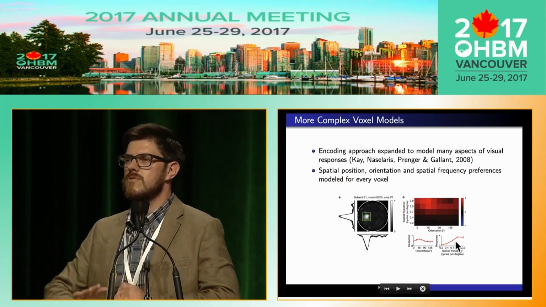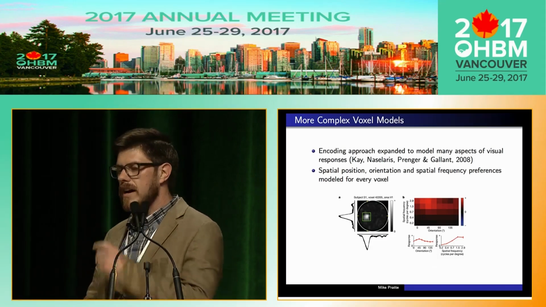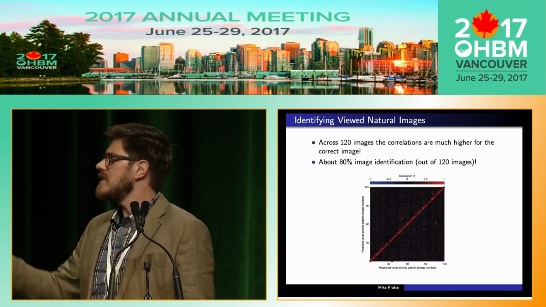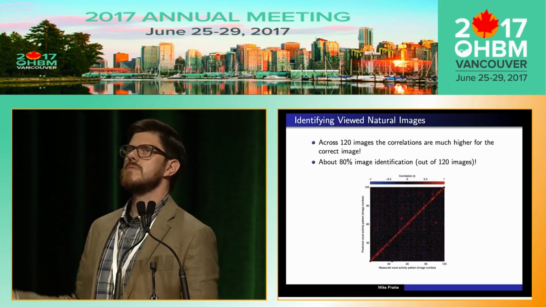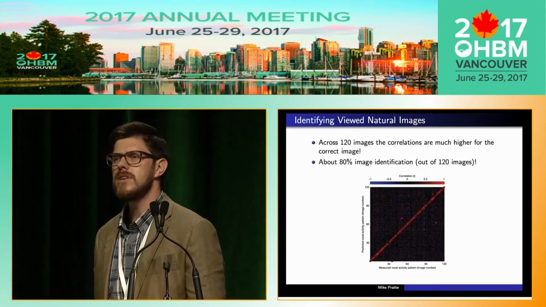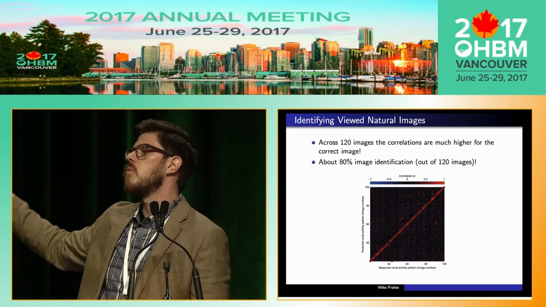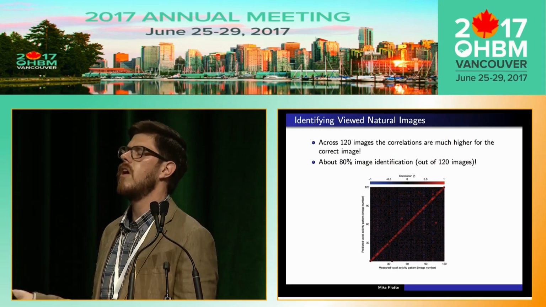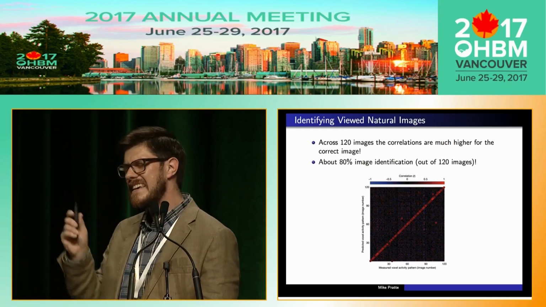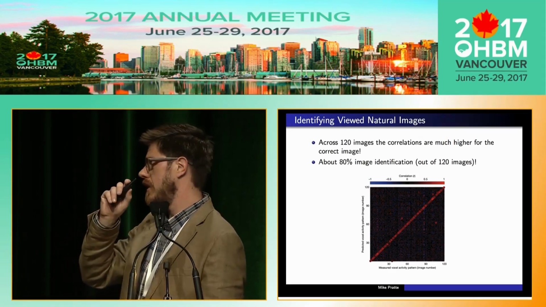Basically what they did was throw the kitchen sink at V1 and other brain areas and add all kinds of complexity to the model. And I just want to say what they can do with this model, even though it's giant and it fits the data perfectly. But by doing cross-validation, they're able to take the model and predict what image you're looking at. They start with 120 images, and they say, can I guess which of these 120 you're seeing right now? And they can with remarkable accuracy.